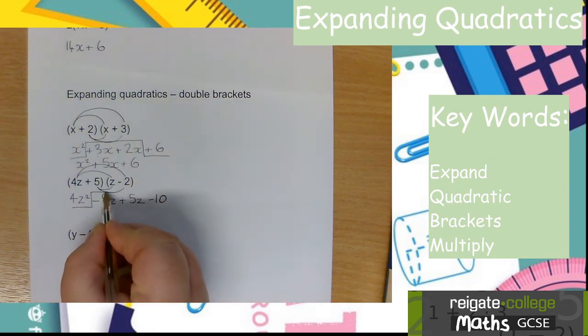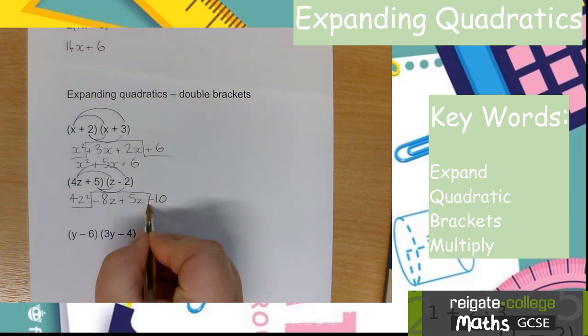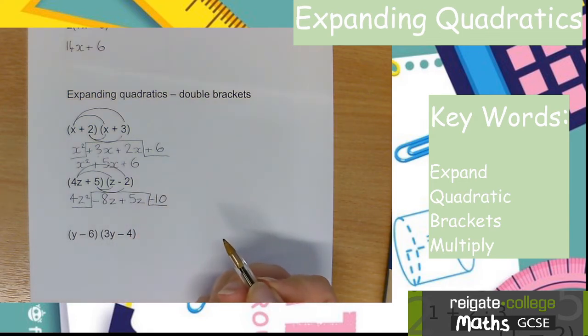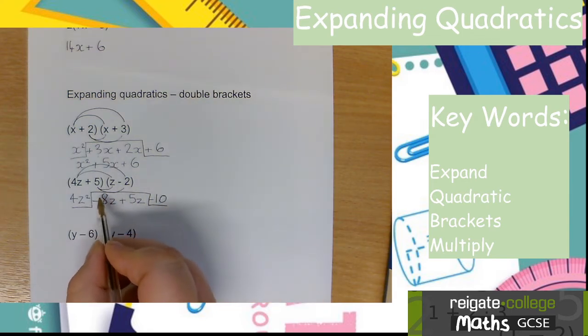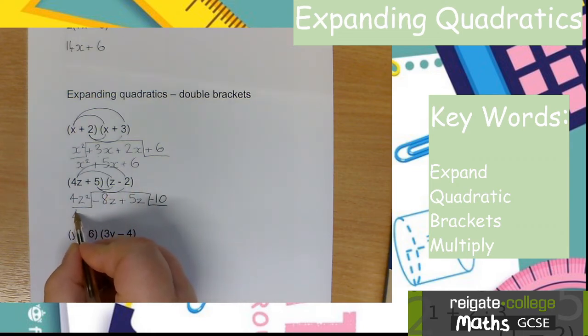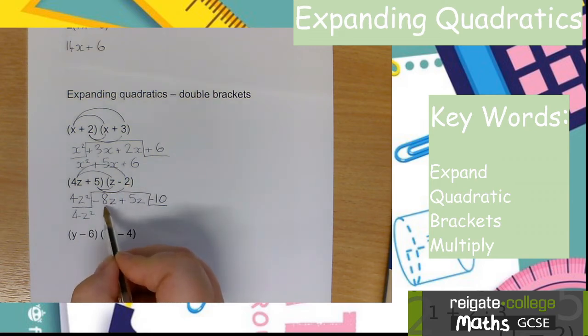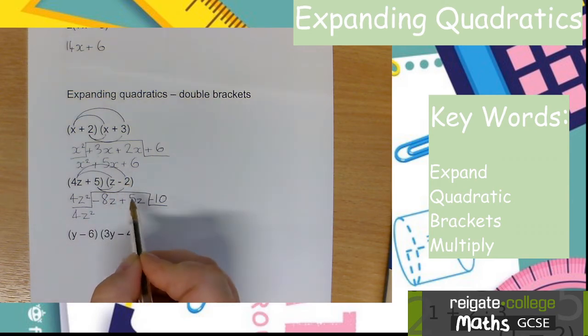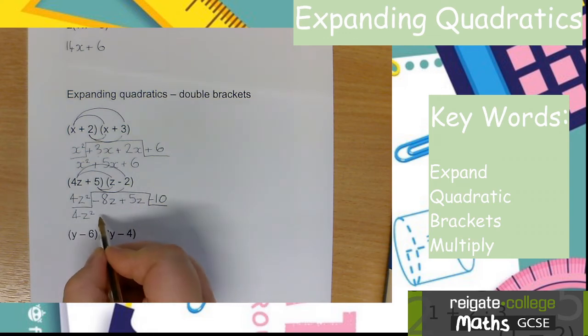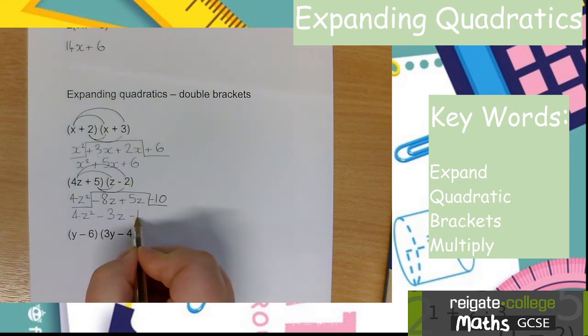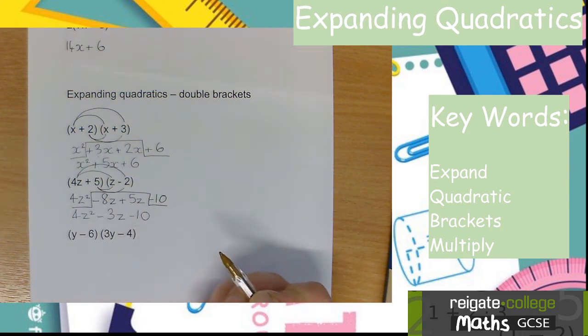And if I look at my expression again, I can simplify these two in the middle. 4z squared minus 8z plus 5z leaves me with minus 3z, minus 10 on the end.